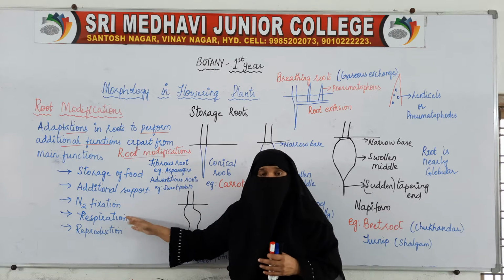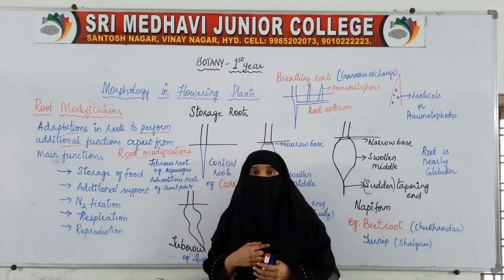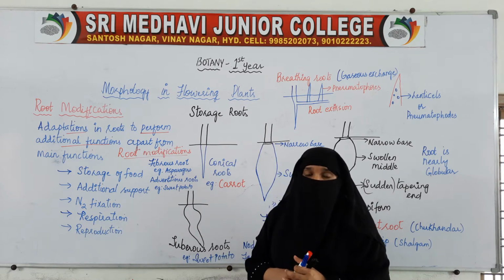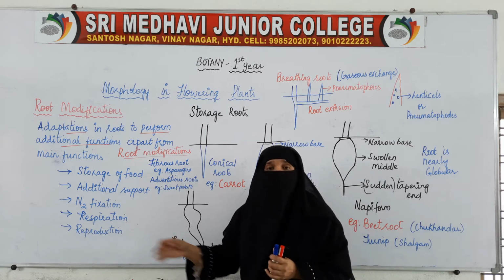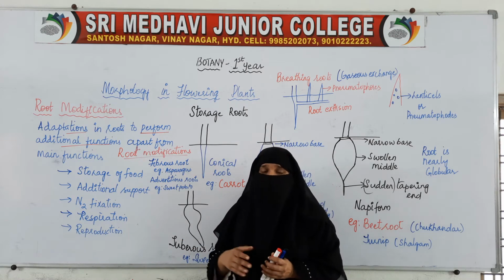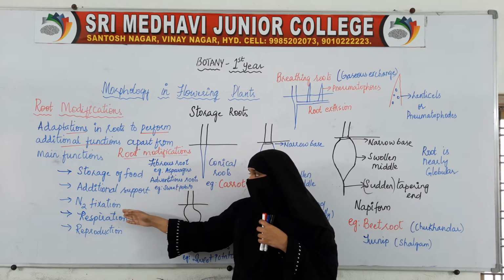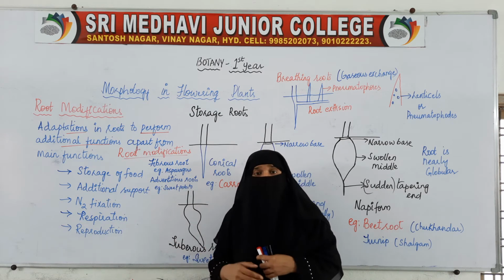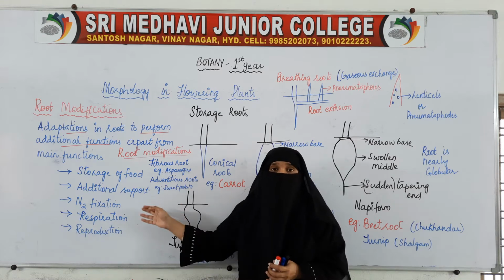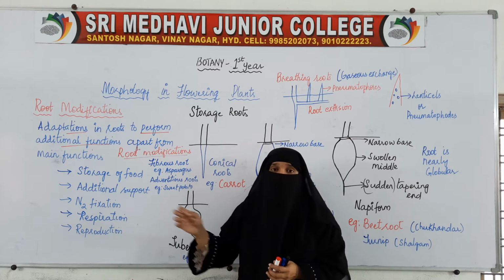Also to help in the process of respiration and reproduction. These are not the normal functions of the root, storing the food material, nitrogen fixation, but they adapt themselves so that the plant can get benefit.